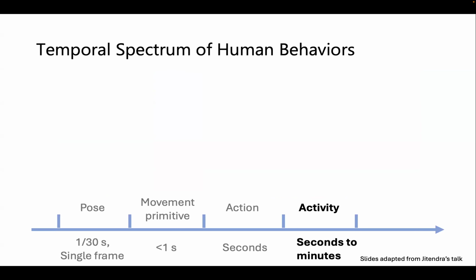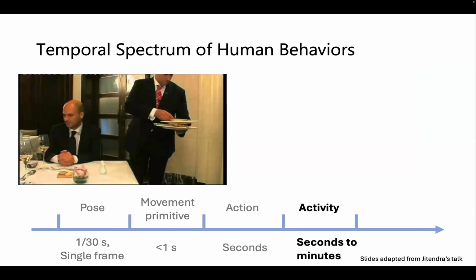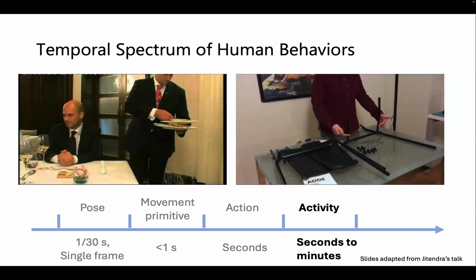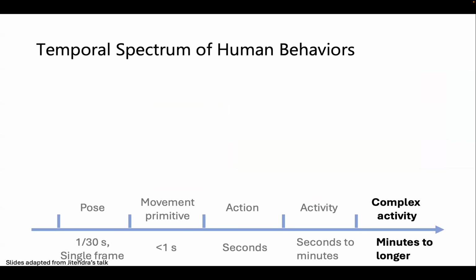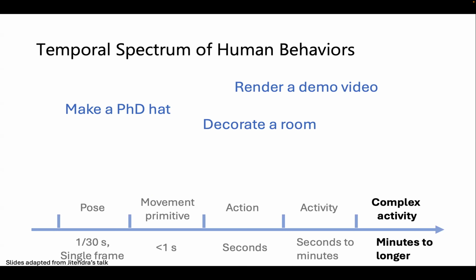The next level is activities, from seconds to minutes. Here I show an example, but it's not playing, probably just images. The next level is complex activities, from minutes to hours to days, for example making a PhD hat, rendering a demo video, decorating a room, learning to ski, cooking.